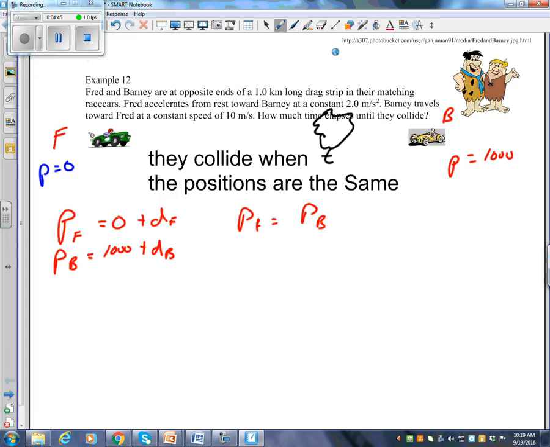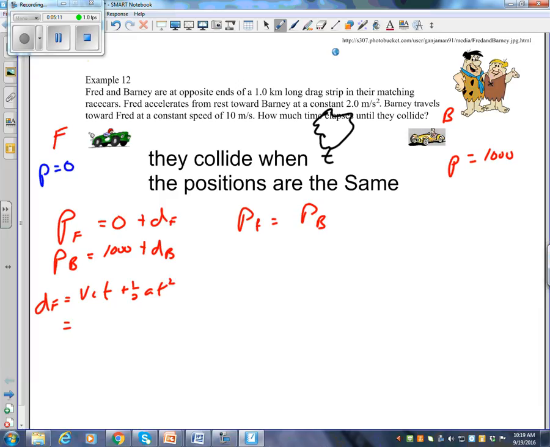Now, just sort of on the side here, what is Fred's displacement? Well, he is accelerating. So d equals, what do I know about Fred? From rest I know acceleration, but I don't know time, do I? But I can say Vit plus 1/2 at squared.